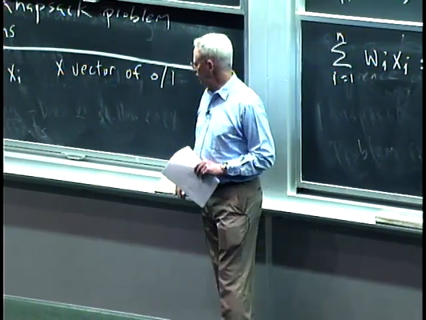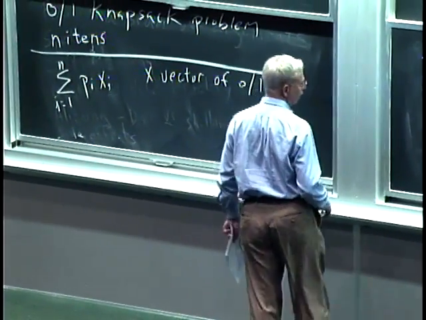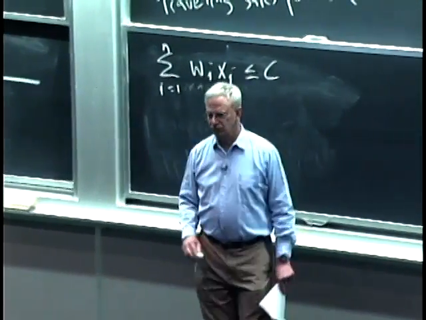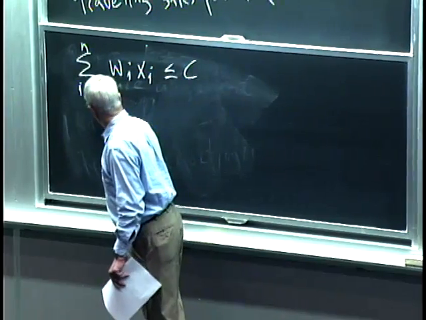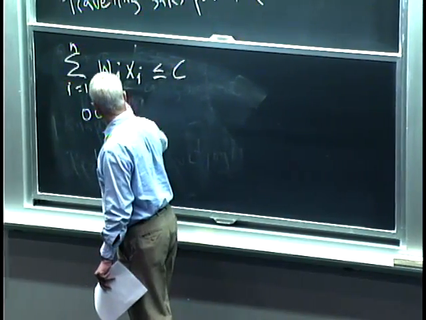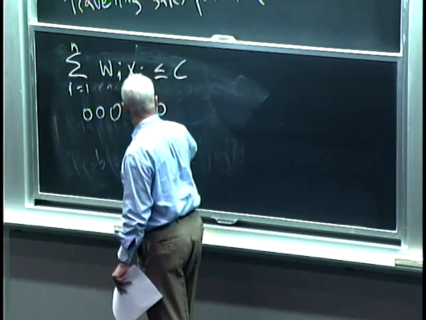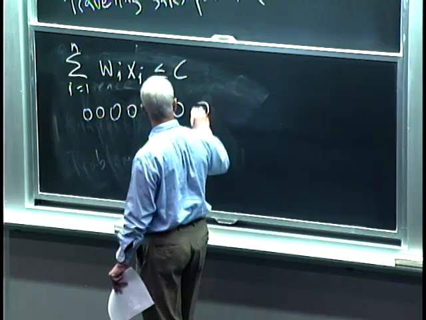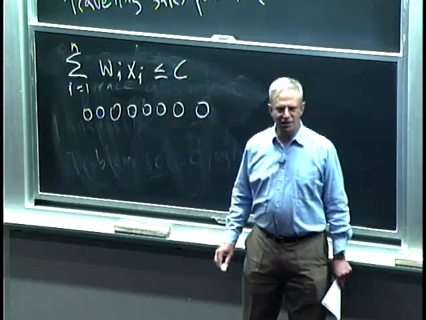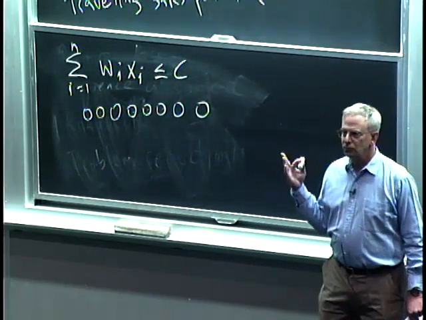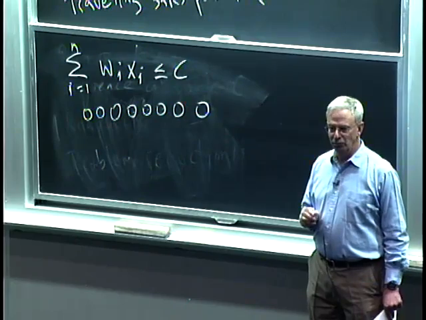Well, a nice way to think about that is to say I've got a vector. So there's the vector with 8 zeros in it, 1, 2, 3, 4, 5, 6, 7, 8, indicating I didn't take any of the items.